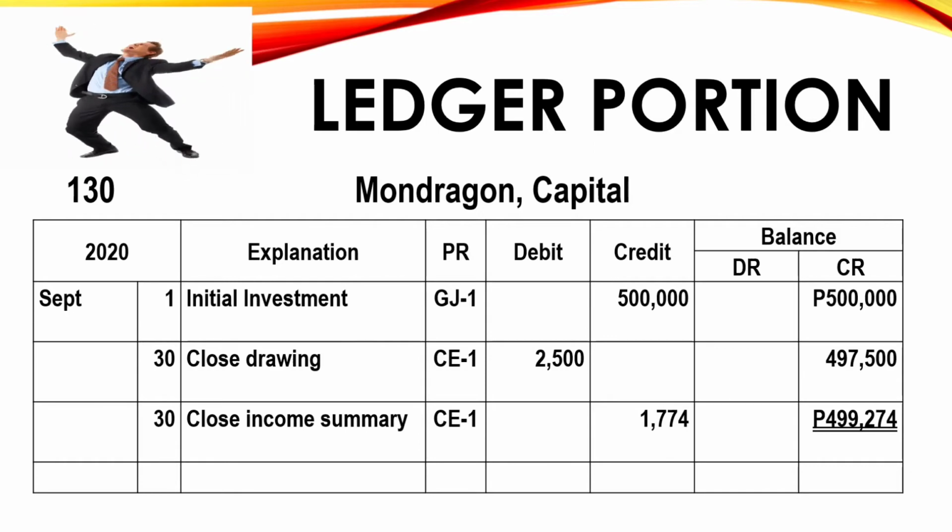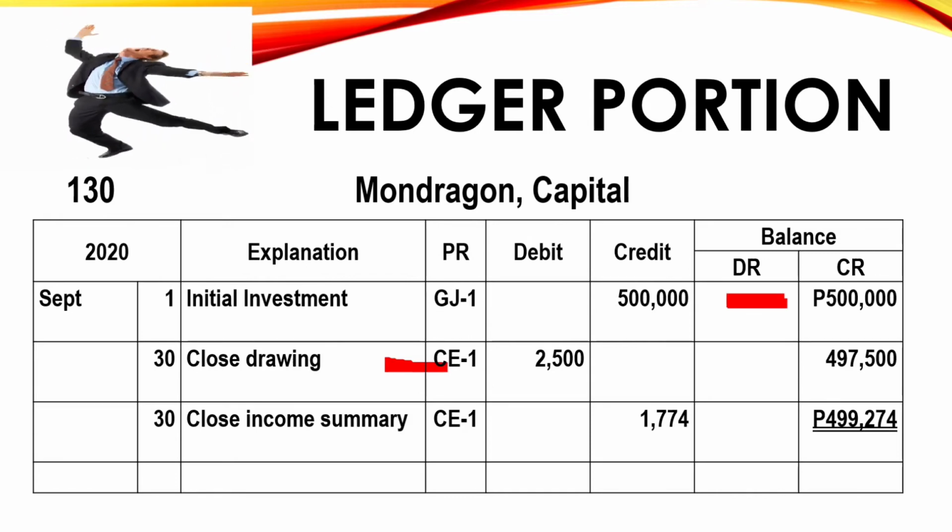For instance, here in the Mondragon Capital, we have an initial investment of 500,000 pesos. As what I've said, drawing is connected. How much will our drawing be? That will be 2,500. We put drawing here because its normal balance is debit.